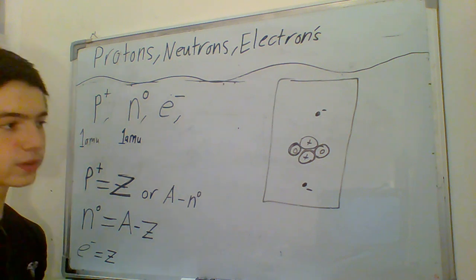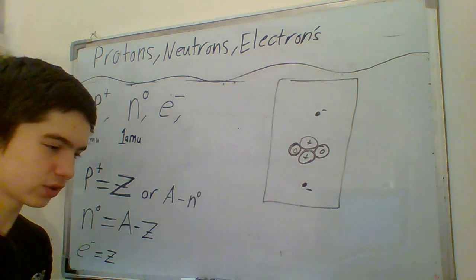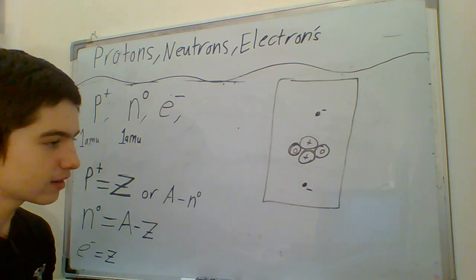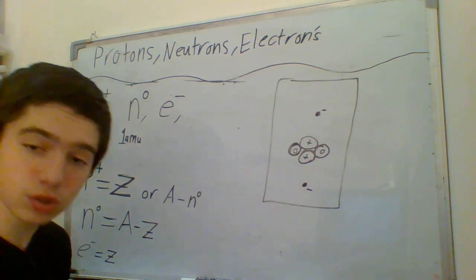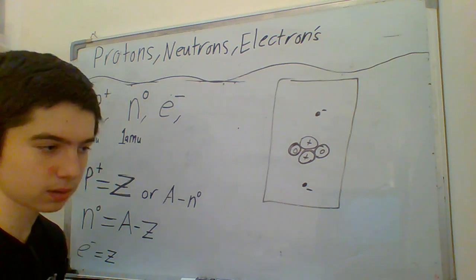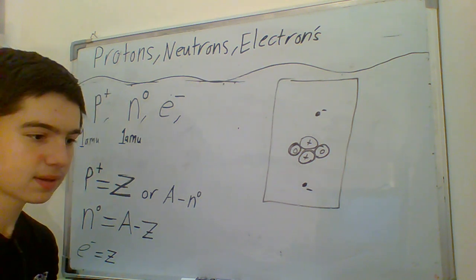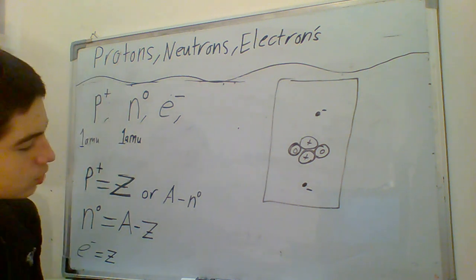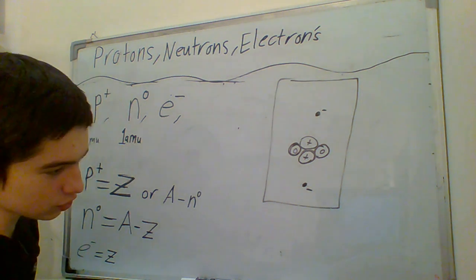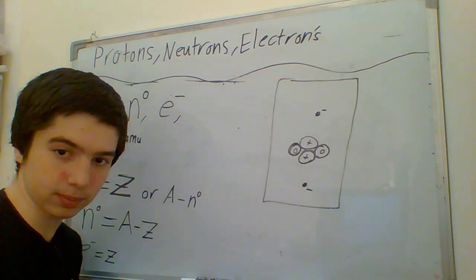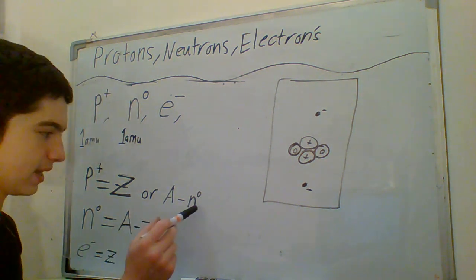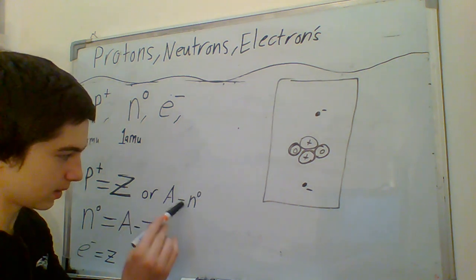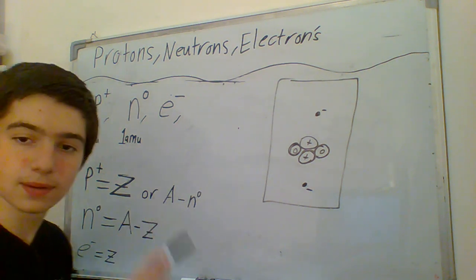Sometimes in an introduction to chemistry, they give you the number of neutrons, but they don't give you the atomic number. They give you the atomic mass. So when they give you the atomic mass and the number of neutrons, you need to use that formula A minus N0. It means the atomic mass minus the number of neutrons equals the number of protons.